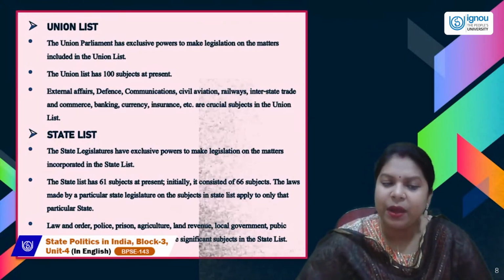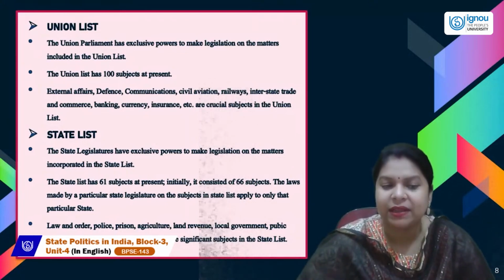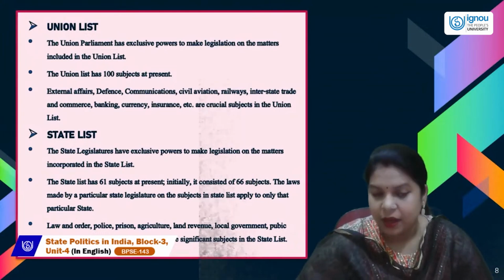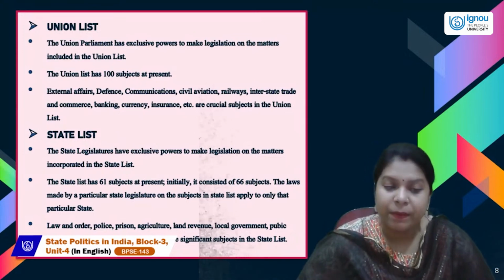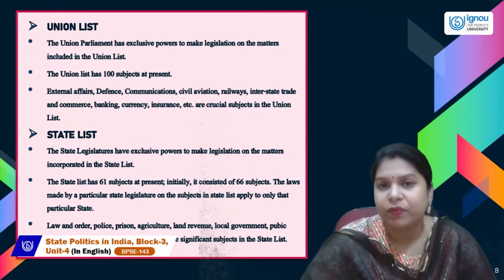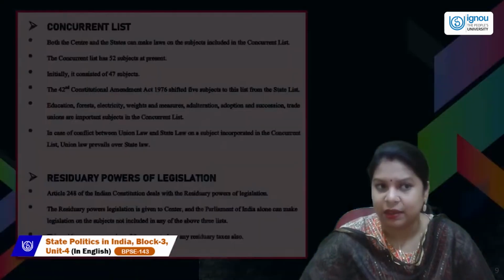The laws made by a particular state legislature on the subjects in the state list apply only to that particular state. Law and order, police, prison, agriculture, land revenue, local government, public health, state public services, and fisheries are examples of the subjects that are crucial to the state list.